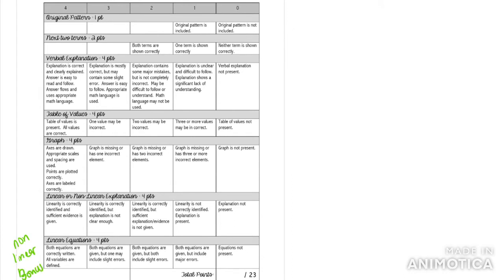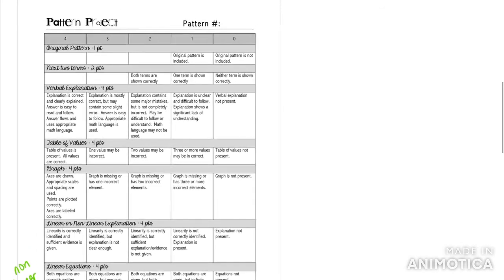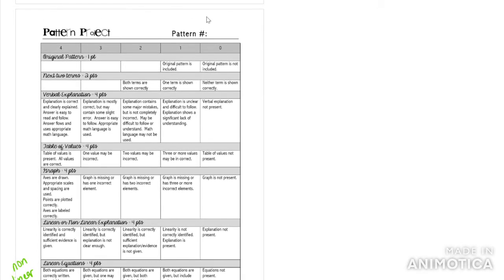And when I mark these, I mark them all together on one sheet. So one of the things that you will notice is that it'll look messy. I'll have something like pattern 1 in green, pattern 2 in purple, pattern 3 in blue, and pattern 4 in black. And when I mark these, I will color code my marking.